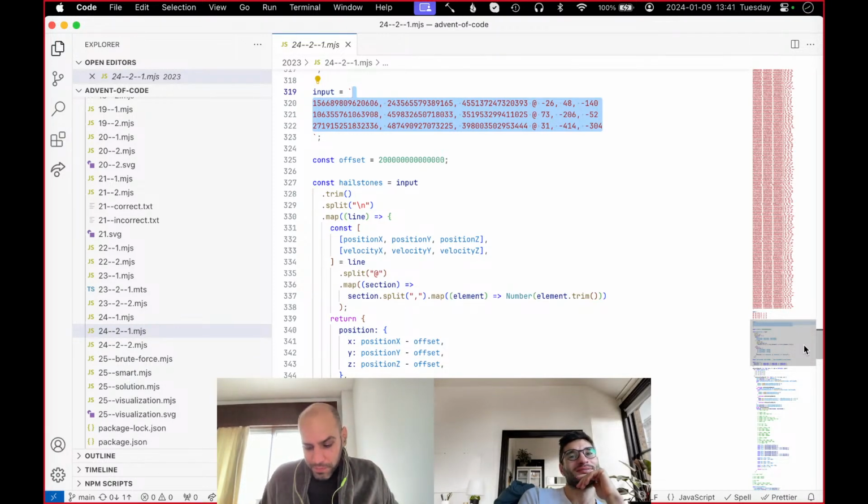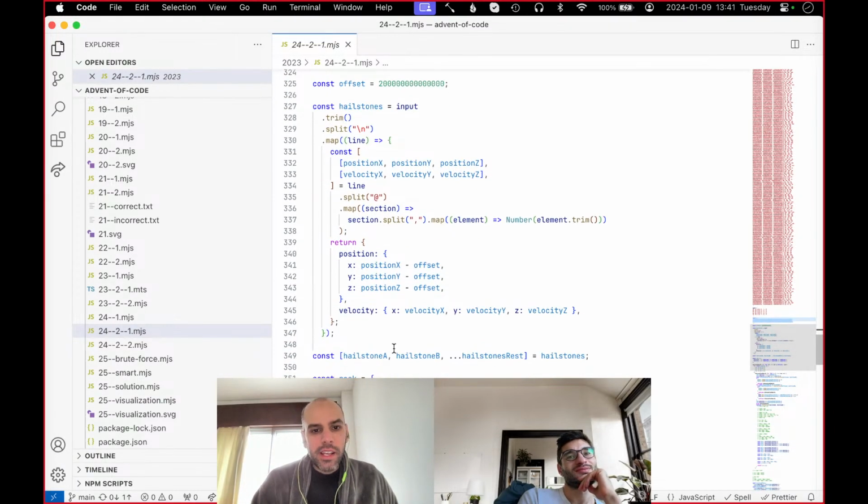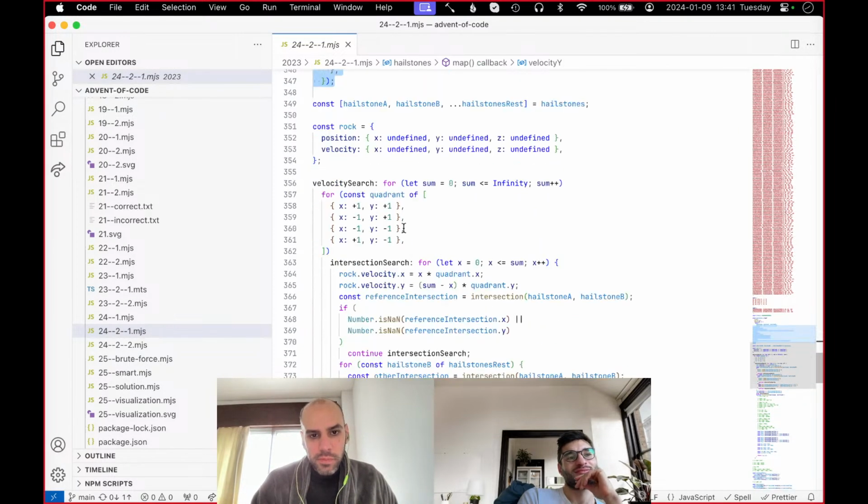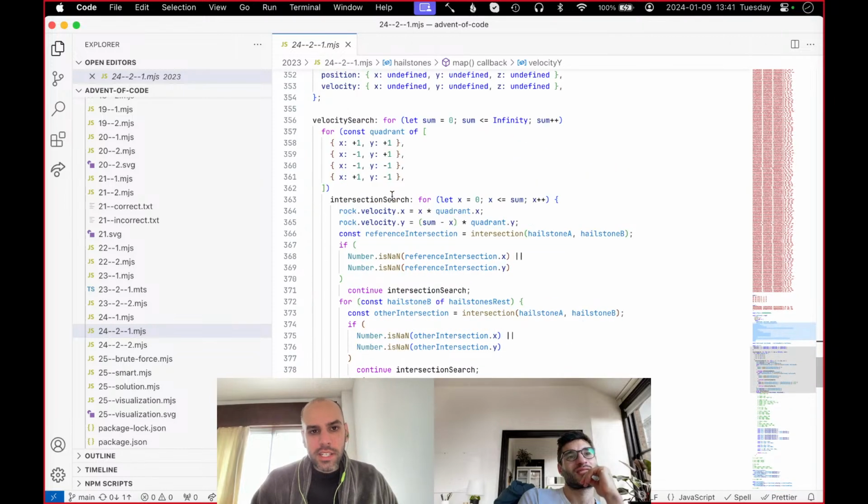Amazing. Yeah, so all of this combined, I was like, oh, this is really complicated. I mean, this is just parsing. But here, I do the velocity search and I have to come up with ways to compute every possible velocity because I am brute forcing. So I had to come up with this little idea of how to enumerate all the coordinates.